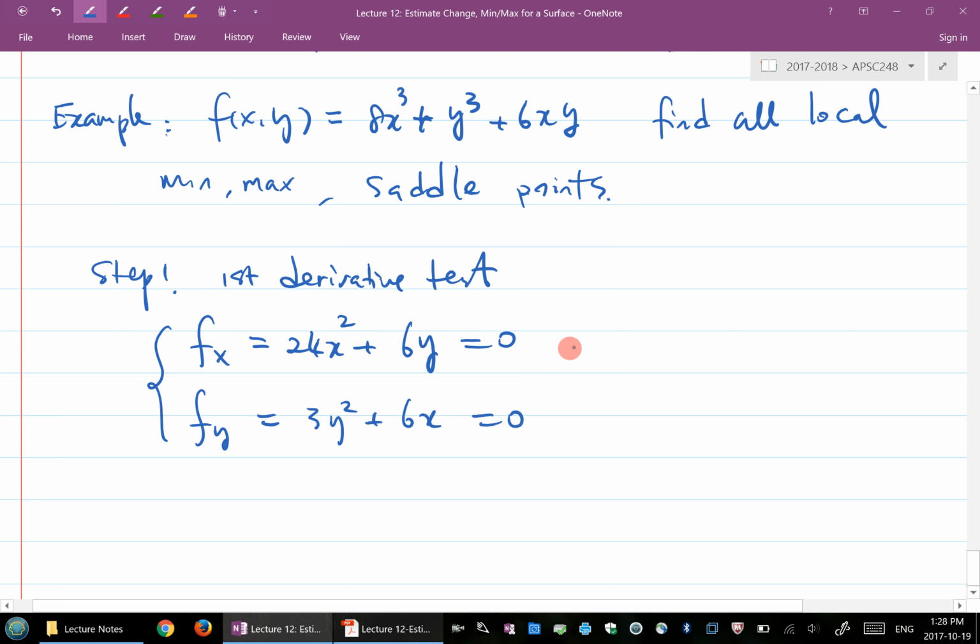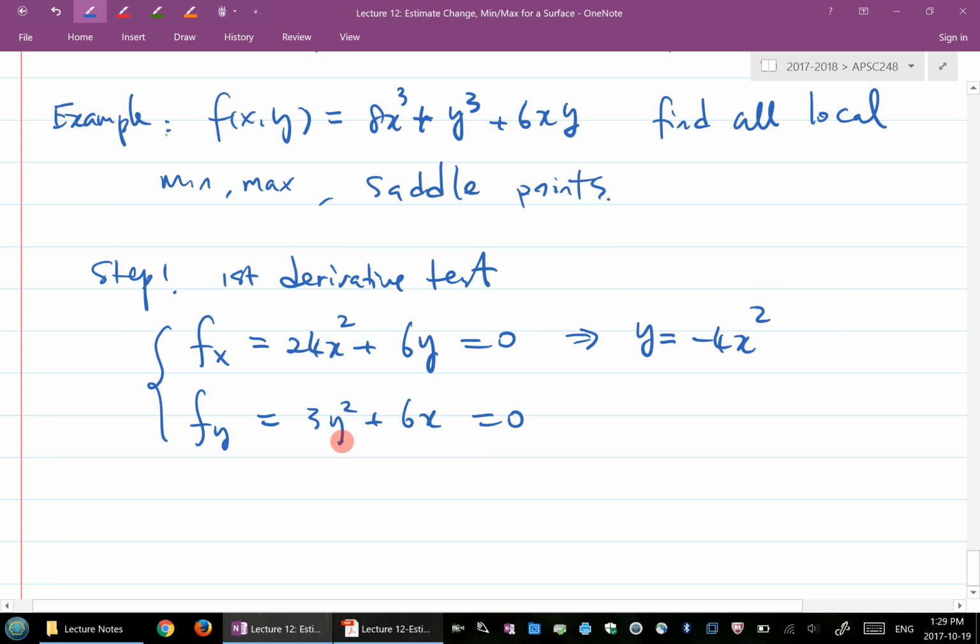So let's say here, from the first one, I can get y equal to negative 4x squared. Then we substitute y equal to negative 4x squared into the second equation.